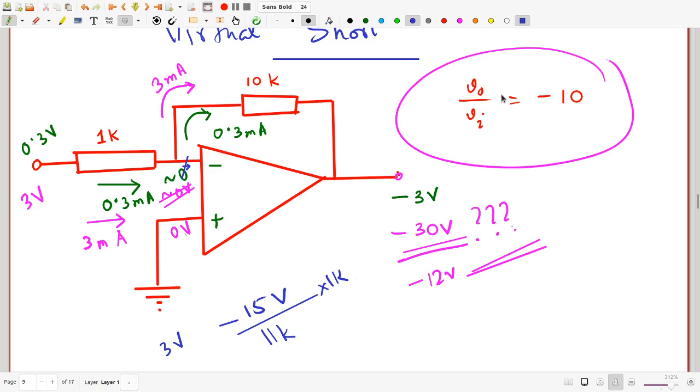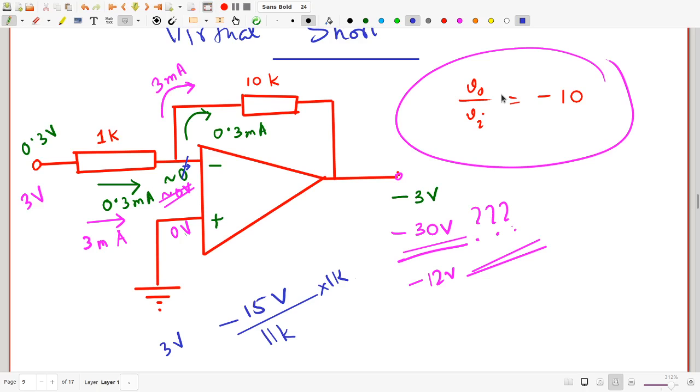And the quick way to figure out whether that's happening is simply to look at the output voltage. If the output voltage predicted by assuming that the op-amp has maintained virtual ground, the two inputs of the op-amp are at nearly the same voltage, turns out to be within plus minus Vsat, that is the predicted value of Vo turns out to be within plus minus Vsat, then you are in the linear region.